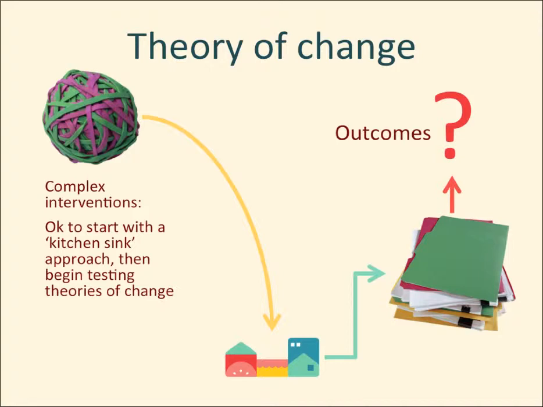Well, we got some great advice a number of years ago from the Nudge Unit in the UK, and this really great strategic fellow said, hey there, it sounds like you're taking a kitchen sink approach to your intervention. And I really kept that terminology with me ever since. And it's okay to actually start with a kitchen sink approach.